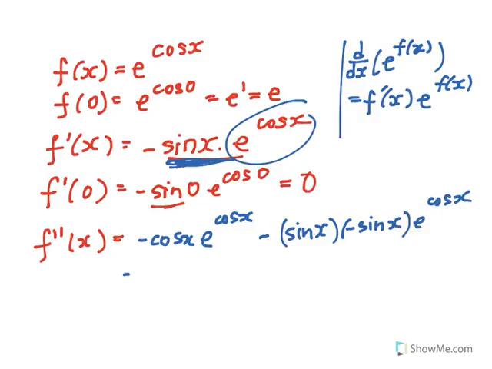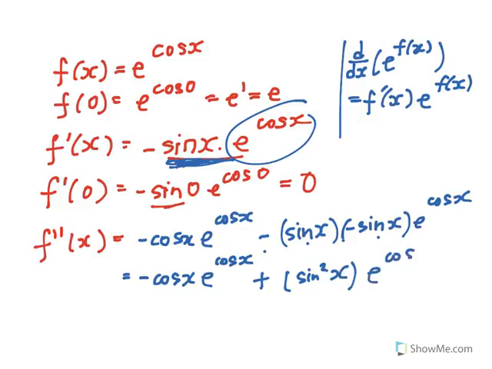Simplifying this gives us negative cos x e to the power of cos x plus sine squared x e to the power of cos x, since minus minus becomes plus.